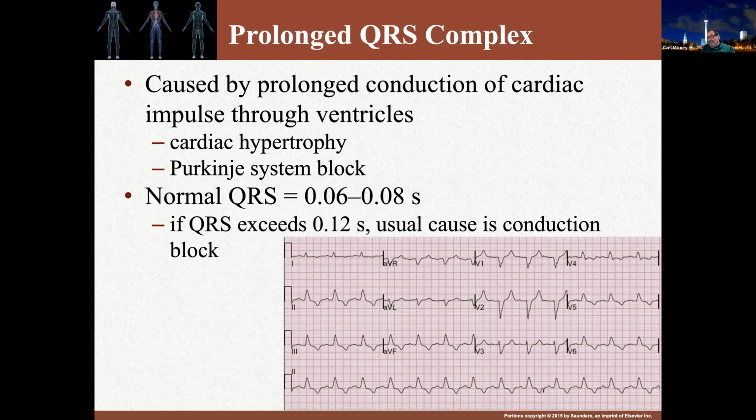Normal QRS is 60 to 80 milliseconds, up to 120 milliseconds. But if the QRS exceeds 120 milliseconds, it's probably due to a conduction block. And this tracing shows you these very prolonged QRSs here.